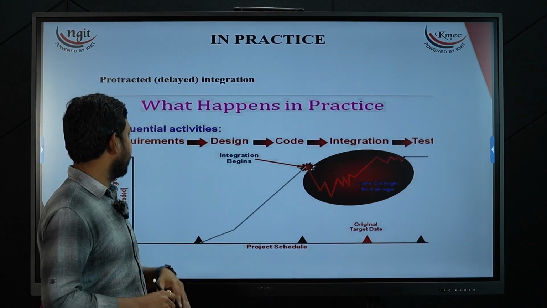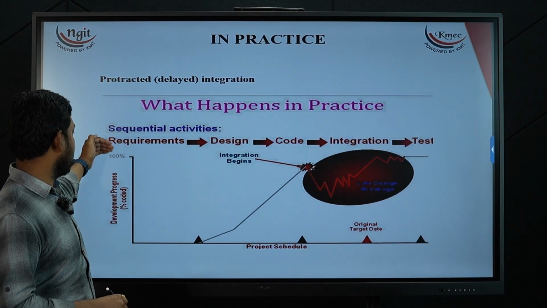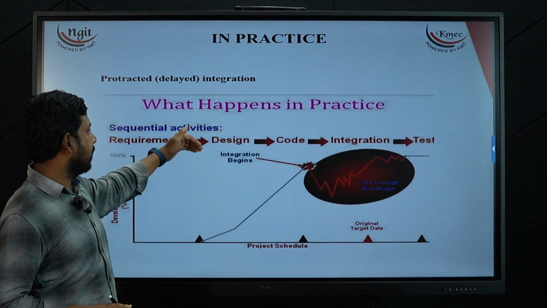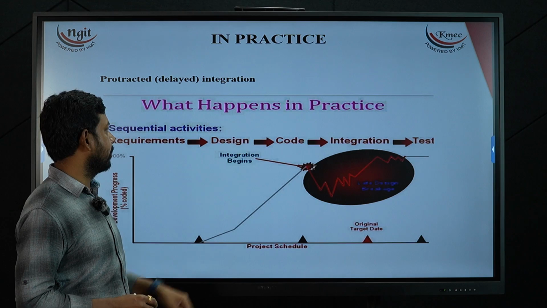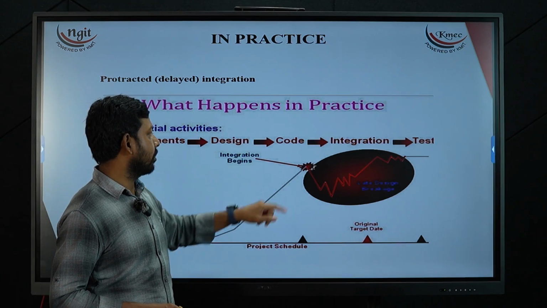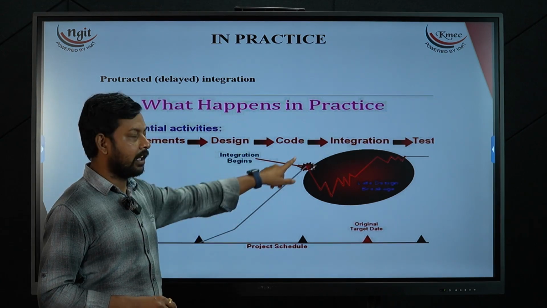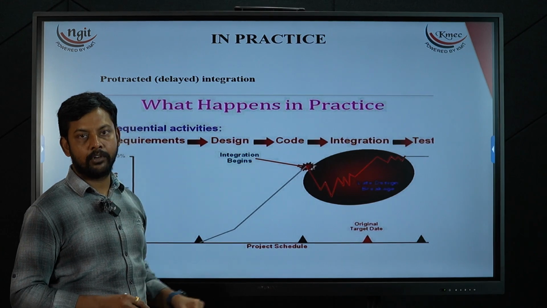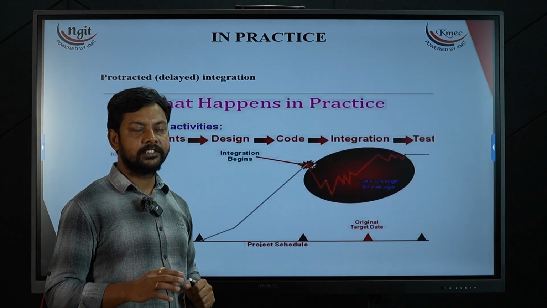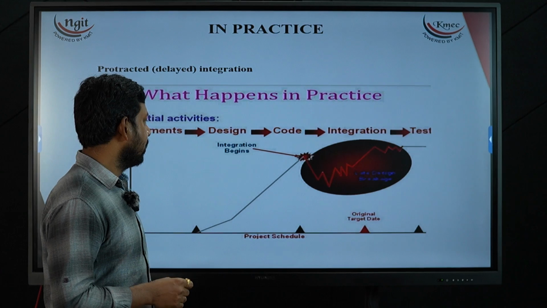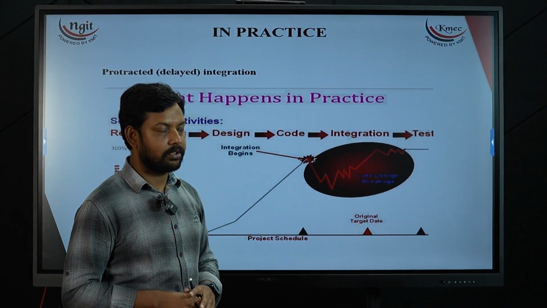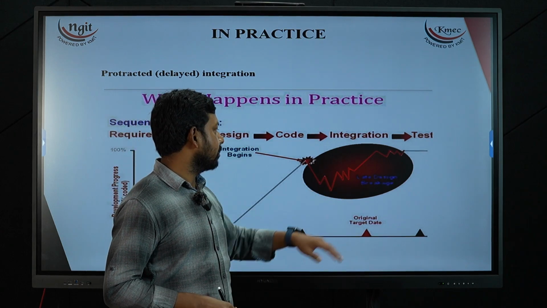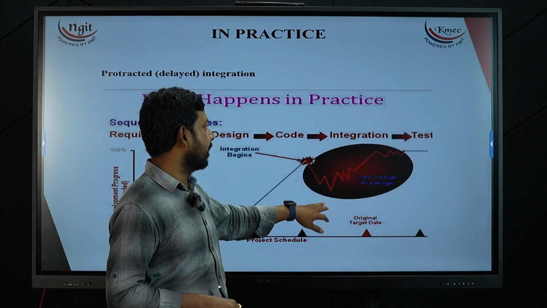Say at this particular point you have only identified your requirements, then you have begun with your design, and then you started with your code. Unless you have identified the necessary analysis to be done, whenever you try to integrate your software, you might come across errors at this integration phase.